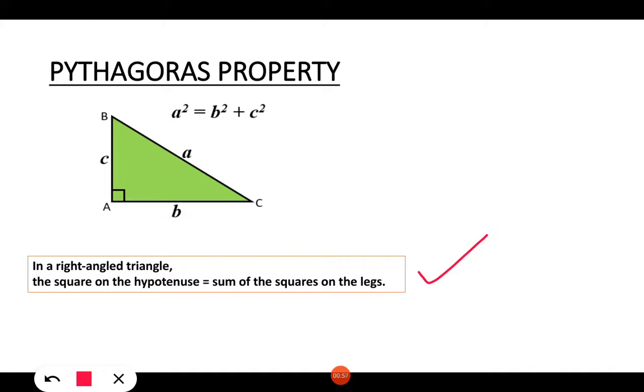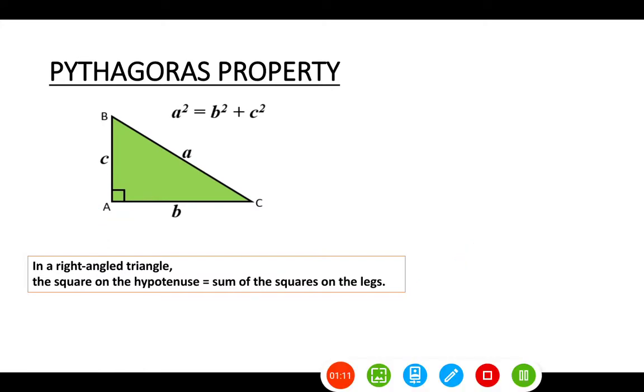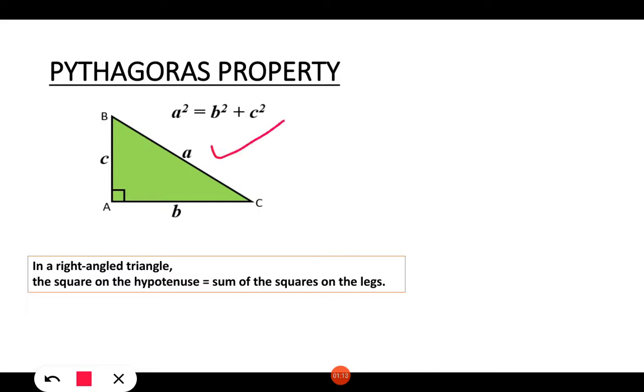Now let us understand this property by taking a right angled triangle BAC, right angled at A. Here BC is hypotenuse, AC and AB are its two sides or its legs.